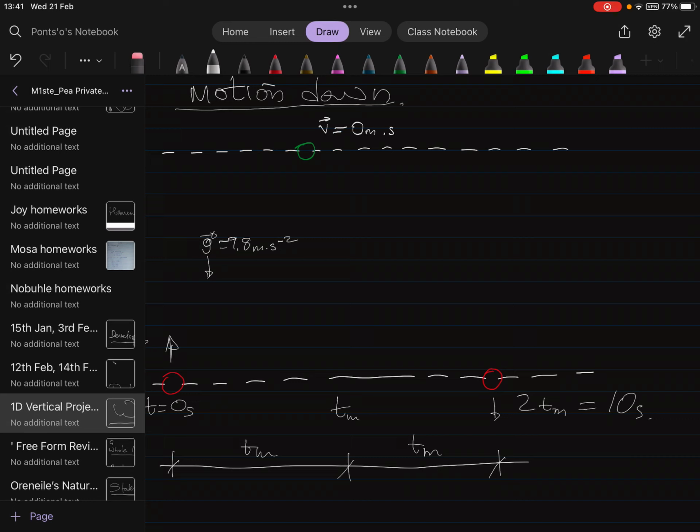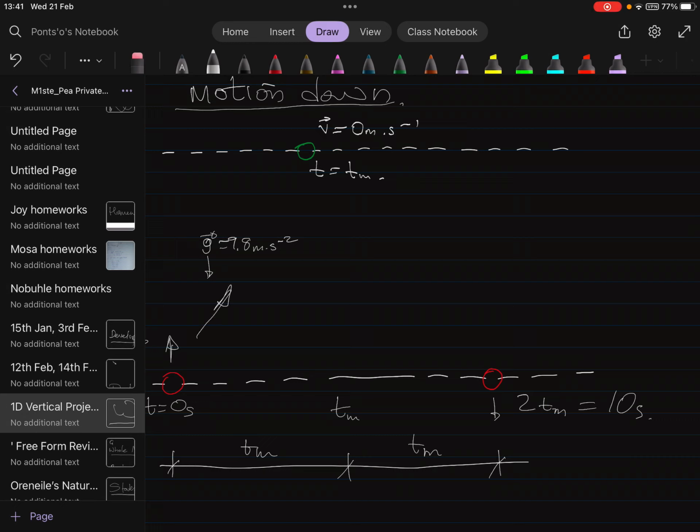But we also know that up there, the velocity is 0 meters per second. Right. And this is where the time equals tm. Alright. So yeah, we've divided our motion into two parts.